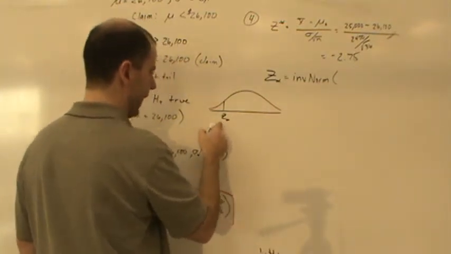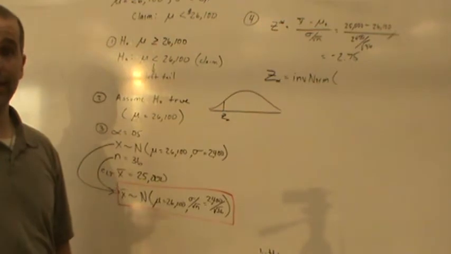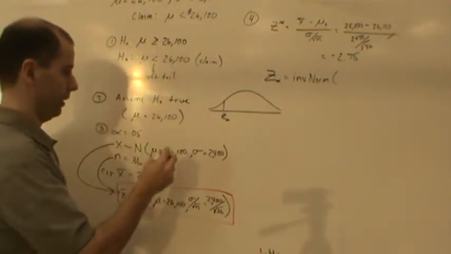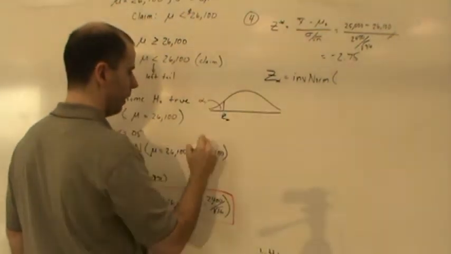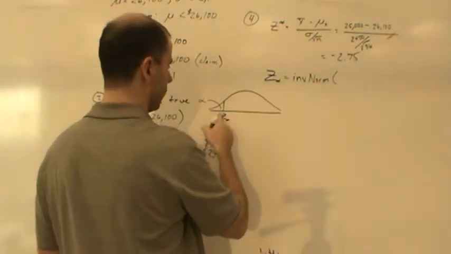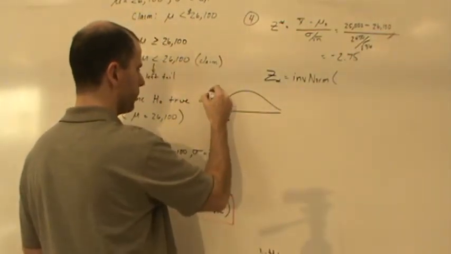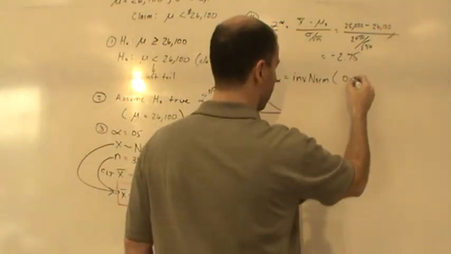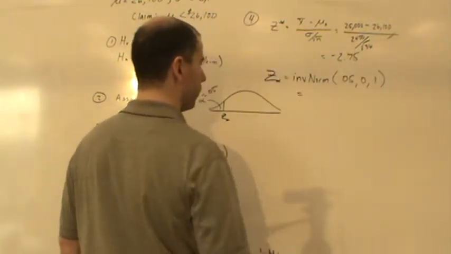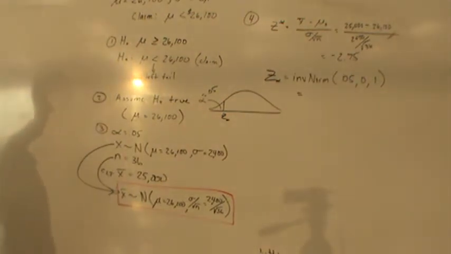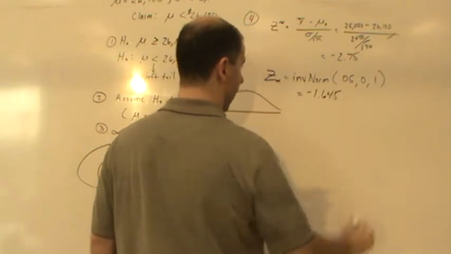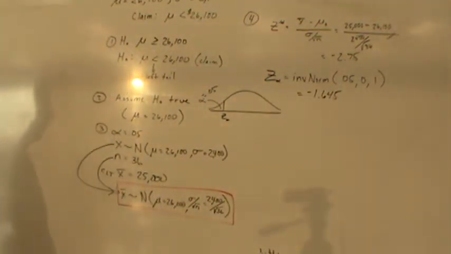What is the area in the tail for a left-tailed test? Remember, it's alpha. Alpha is the area in the tail. So what's the area to the left that you're going to put in your calculator? 0.05, followed by 0, 1, the mean and the standard deviation. If you put in 0.05, you're going to get negative 1.645 as your critical value.